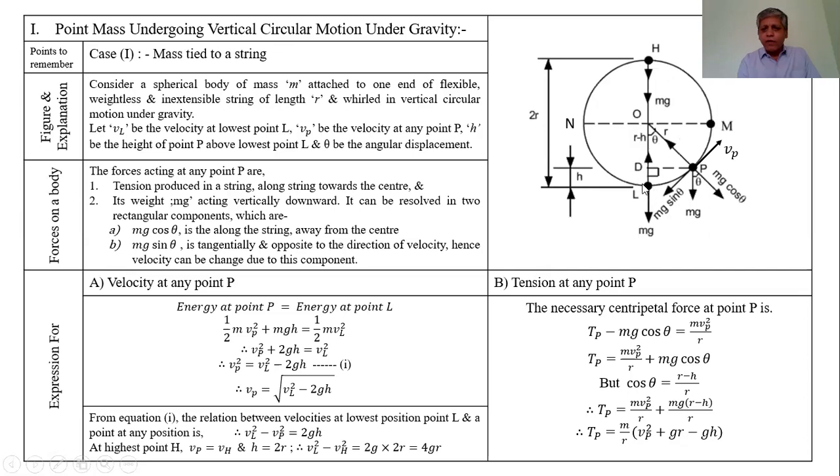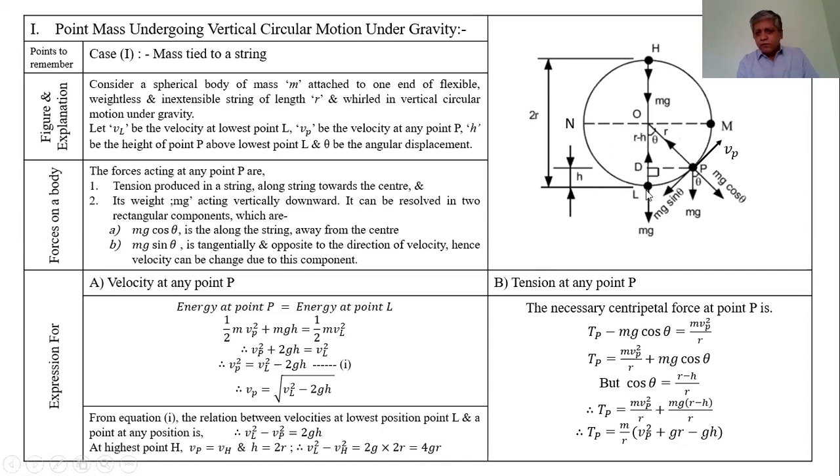A heavy point mass of mass m is attached to one end of a flexible, weightless and inextensible string of length r and whirled in a vertical circular motion under gravity.